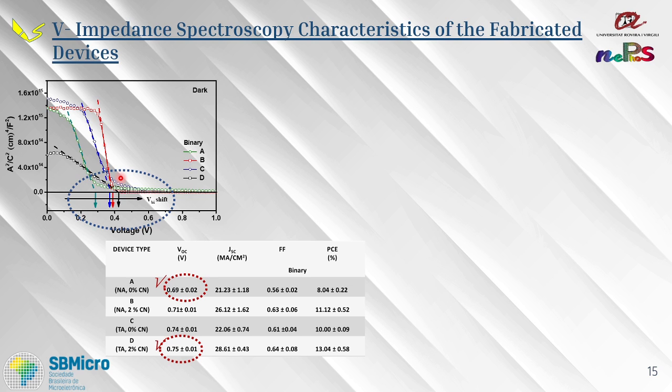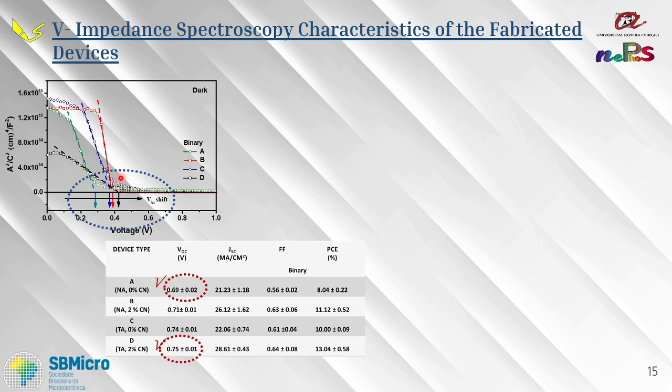So it has a lower effect of trap or disorder, which gave a higher value of V built-in and a better value for fill factor, as well as explaining the better performance obtained for the devices.